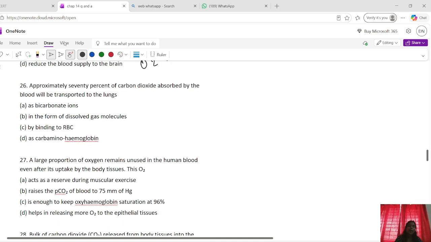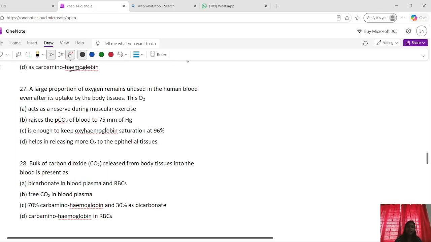Now 26th question. Approximately 70% of carbon dioxide absorbed by the blood will be transported to the lungs as bicarbonate ions, in the form of dissolved gas molecules, or by binding to RBC and carbaminohemoglobin. So, which is the right answer? As bicarbonate ions. A large proportion of oxygen remains unused in human blood even after its uptake by the body tissues.